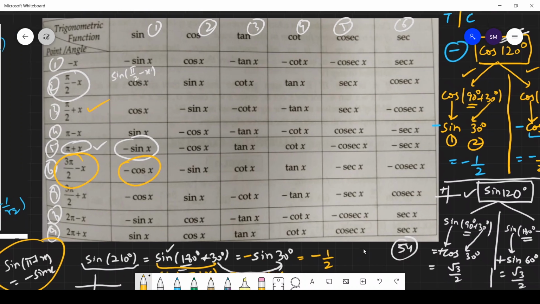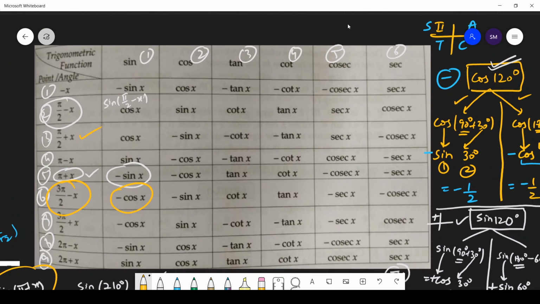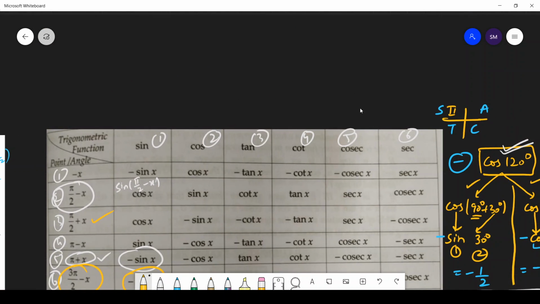Now, what about tan 120 degree? Sir, what is the complementary angle of tan?